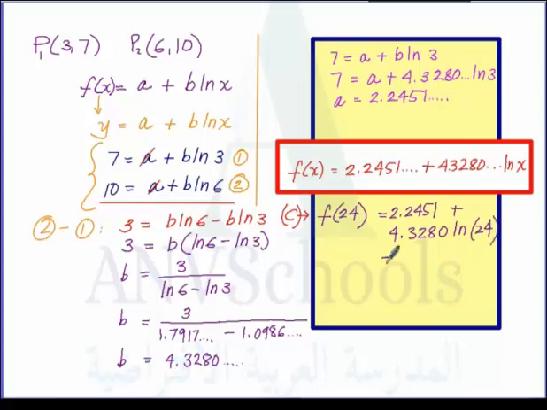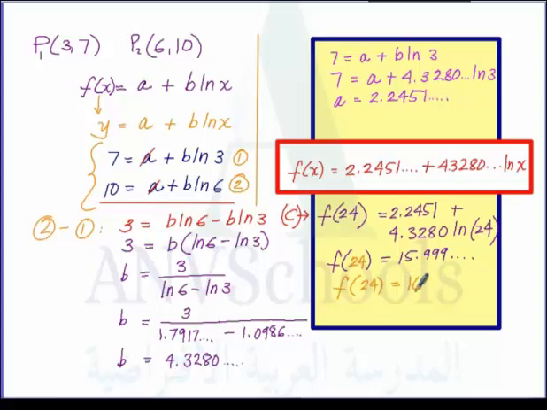Let's check our calculator: 2.2451 plus 4.3280 ln of 24 gives me 15.9999, and of course when we round this off to the nearest whole number, our f of 24 is equal to 16.